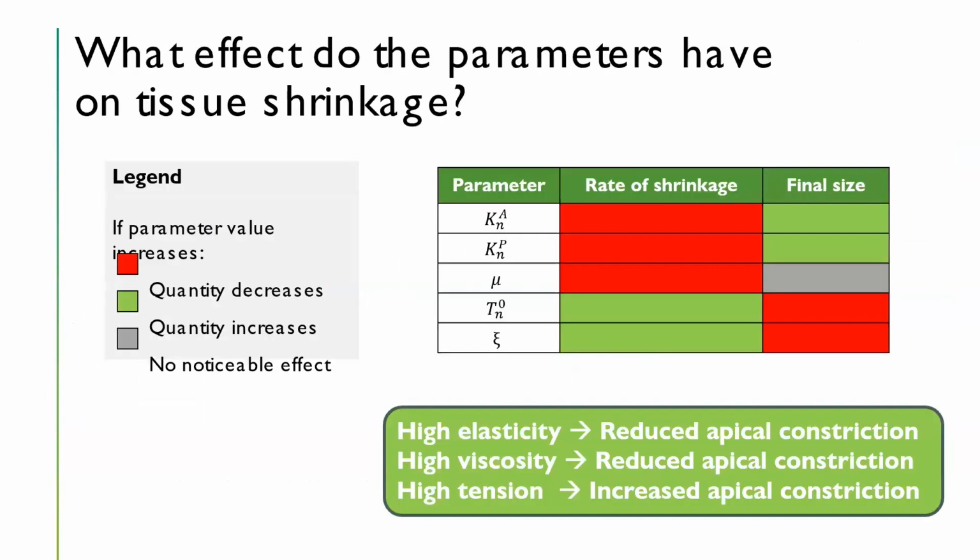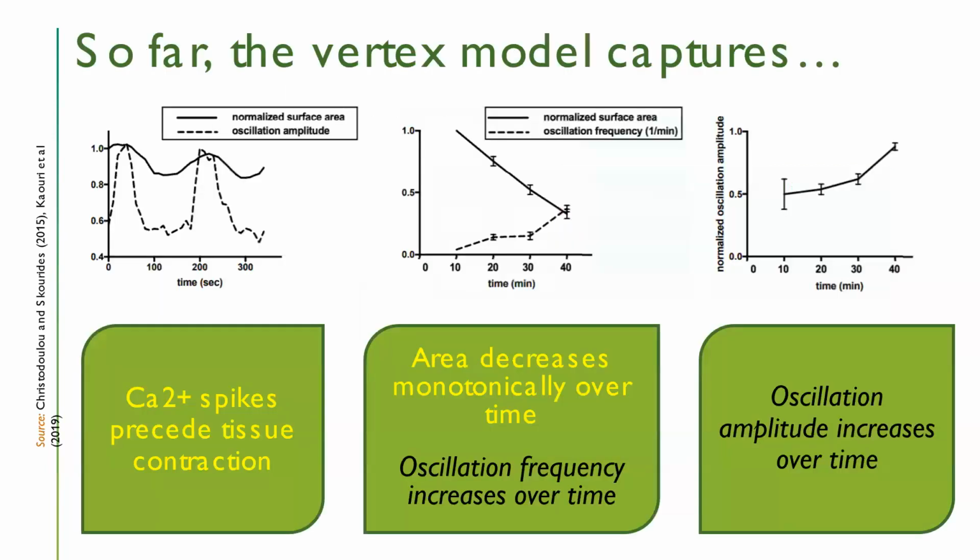So to sum up what you just saw: if you increase the elasticities, that reduces the apical constriction. If you increase the viscosity, that reduces the amount of apical constriction that occurs. And if you increase the tensions, that increases the amount of apical constriction that will occur.